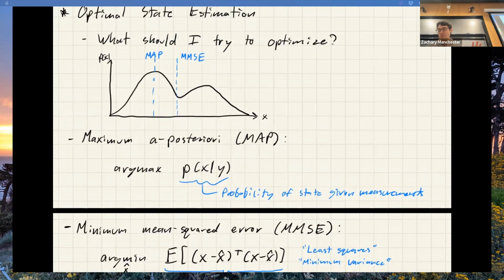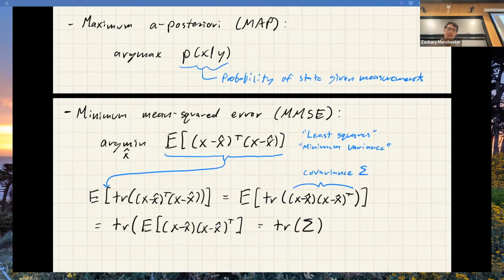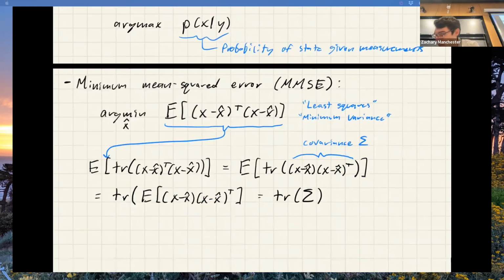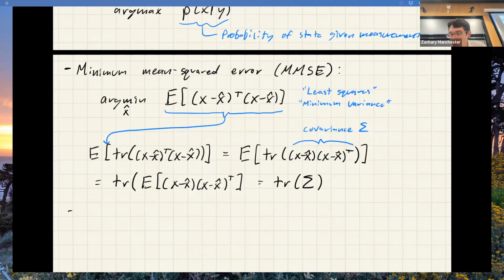Okay, so the fun thing that we're going to now exploit is that a lot of nice things happen in this LQG case. One of them is in the Gaussian case. If I have a Gaussian distribution, what happens to these two estimates, MAP and MMSE? They're the same, right? Because it's symmetric and unimodal, the peak and the mean are the same thing. So it means you can actually derive the Kalman filter several completely different ways and you'll get the same answer.